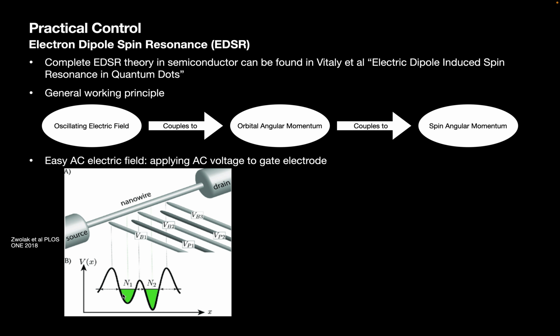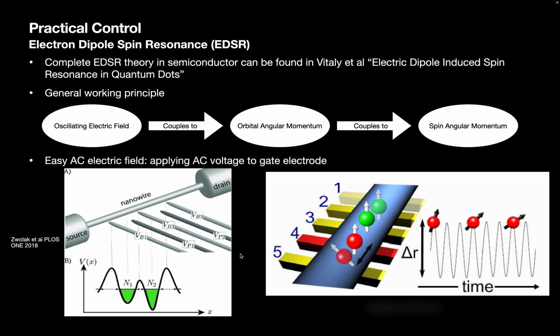So if you imagine you apply an oscillating AC signal on the gate electrode corresponding to dot 1, you are essentially moving this part of the electric field up and down, and this will essentially move the electron trapped in dot 1 to the right and to the left, essentially making it toggle.